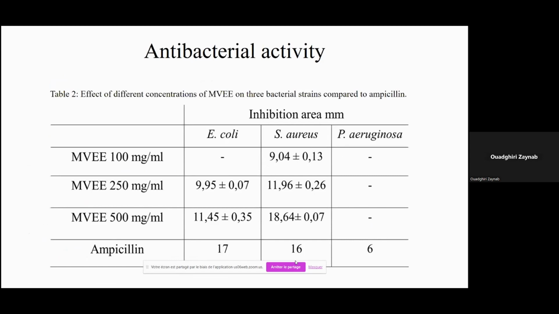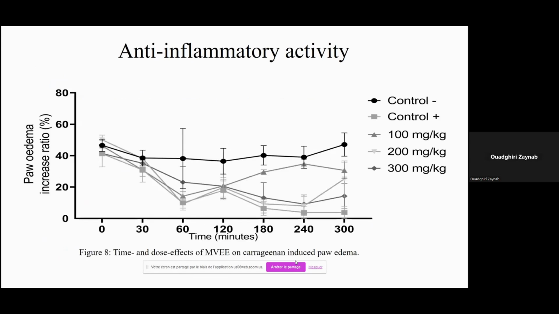However, it has no antibacterial activity against P. aeruginosa. The in vivo anti-inflammatory assays suggest the anti-inflammatory properties of the Marrubium vulgare ethanolic extract, in which the 300 milligrams per kilogram dose inhibited paw edema, following the same pattern as the positive control, which is salicylic acid.